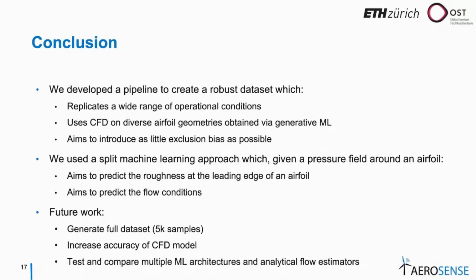And in the machine learning approach, we used a split two-stage approach, which given a pressure field around an airfoil, we want, on the one hand, to predict the flow conditions, but we also want to predict the roughness at the leading edge of the airfoil, which we can then tie into the actual leading edge erosion.